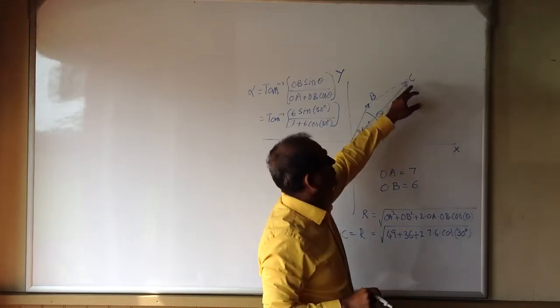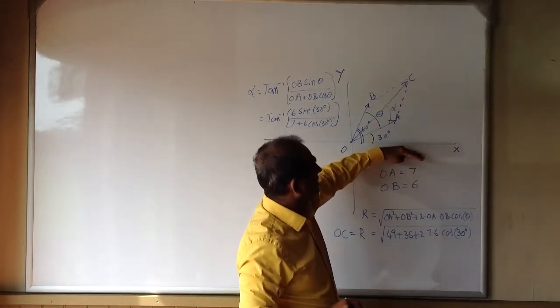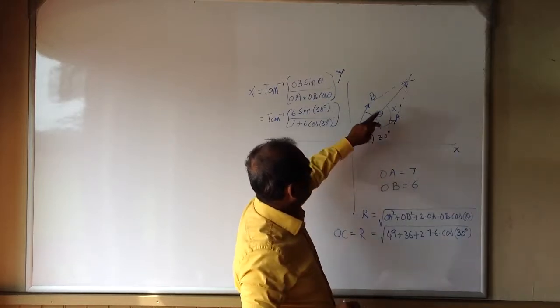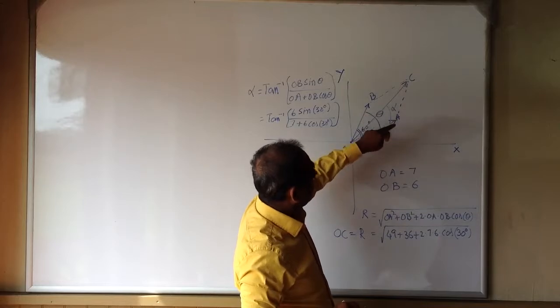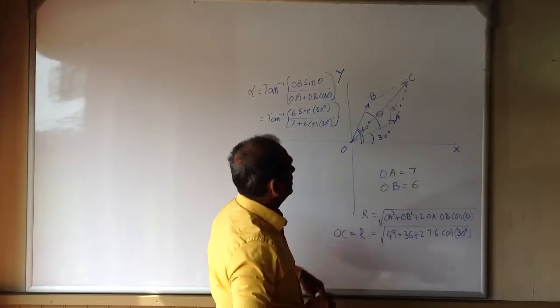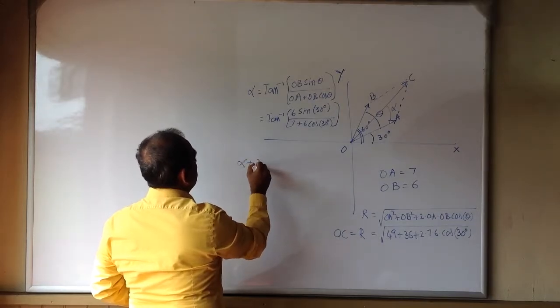But I want to know the angle made by OC with respect to the x-axis. Since with OA it makes angle alpha, with the x-axis it should make alpha plus 30 degrees. So the total angle is alpha plus 30 degrees.